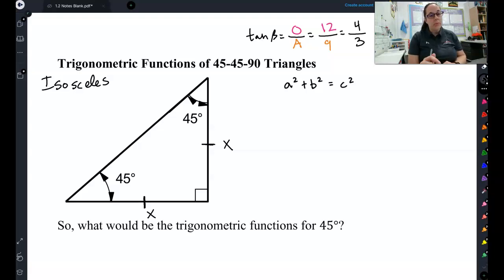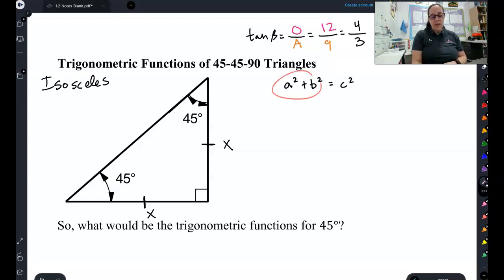Now, little side note, Pythagorean's theorem only works on right triangles, no other triangle. So I have my Pythagorean's theorem here. A and B are the smaller sides. C is your hypotenuse. So it doesn't really matter which side we put in A, which side we put in B, that's interchangeable, but we need to make sure the hypotenuse always goes in C.